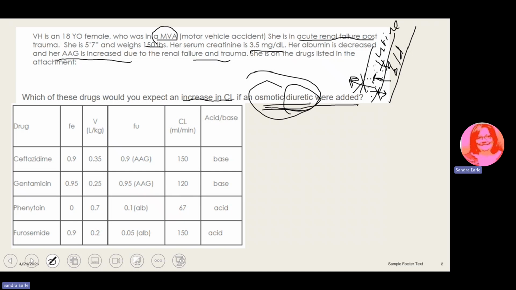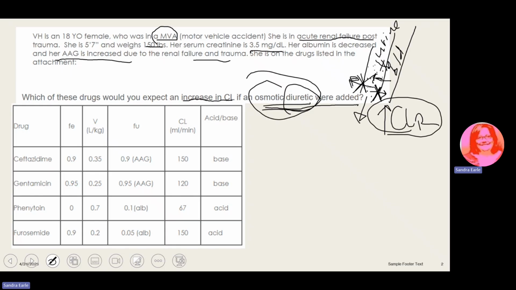And then what will happen is more of the drug is going to go out in the urine, in the bladder, thereby increasing the renal clearance, right? So if you give an osmotic diuretic, you're going to block some of the passive reabsorption, and therefore increase renal clearance.